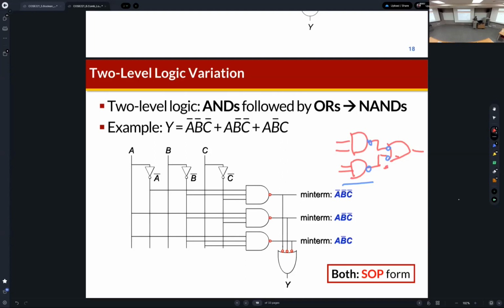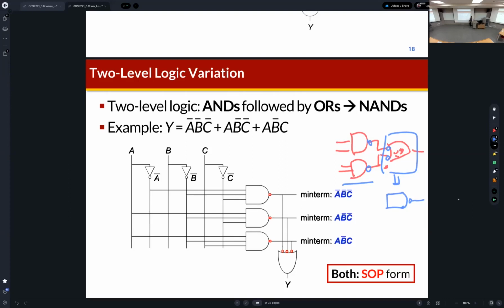So it's the NAND of the inputs, and then this is the OR gate. So actually we can convert this part into a NAND gate, right? By applying De Morgan's theorem.